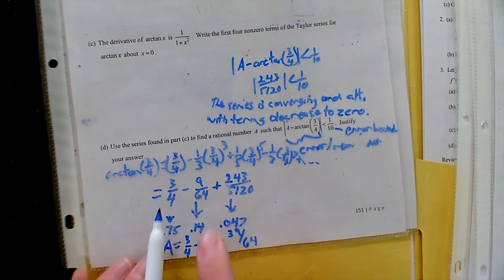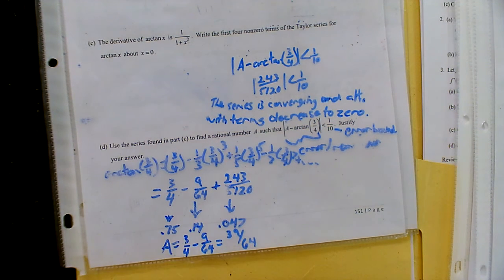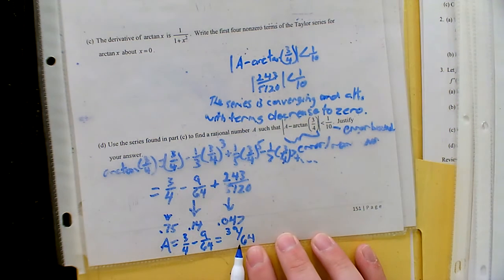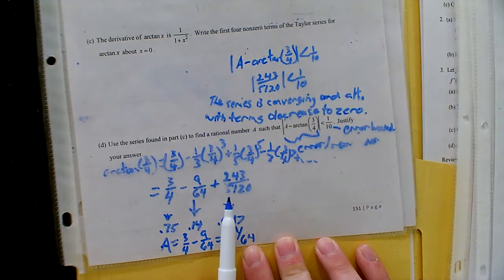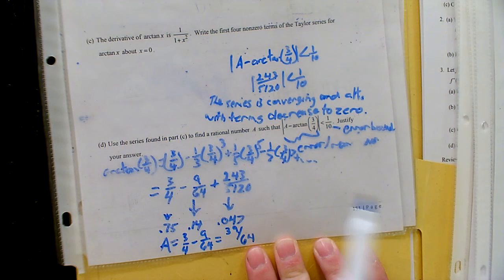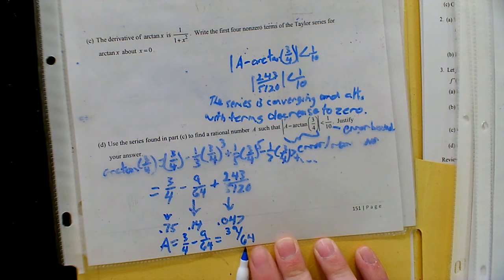So we know if we add, or in this case, subtract, because it's an alternating series, the error within that term has to be less than 1/10, because we know the next term is less than 1/10, and with alternating series, as we go on, each term is decreasing, getting closer and closer to 0. So we know that it has to be within 1/10 of this value.